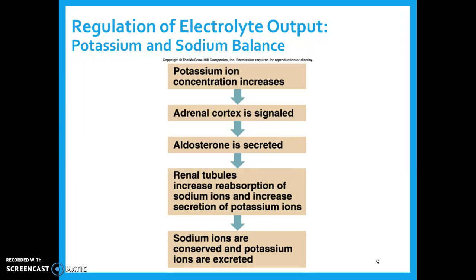So if we've got too much potassium, we can reabsorb more sodium, and that's going to allow us to pump out the extra potassium that we don't need, because when we take in more sodium, then potassium is secreted. So that means that sodium ions are conserved and potassium ions are excreted. So that's the balance between those two.